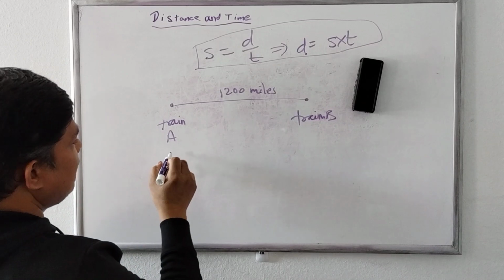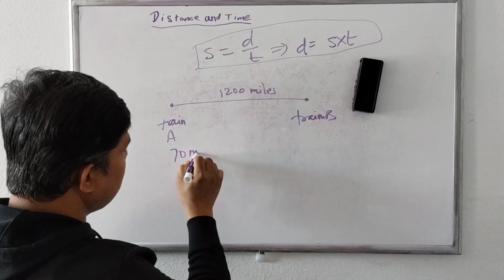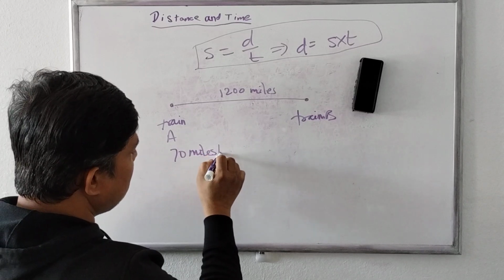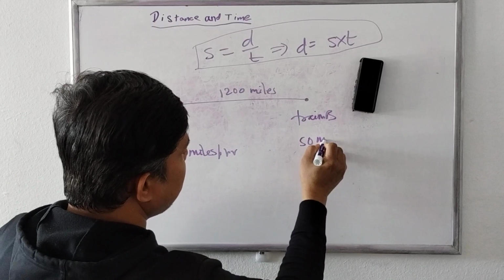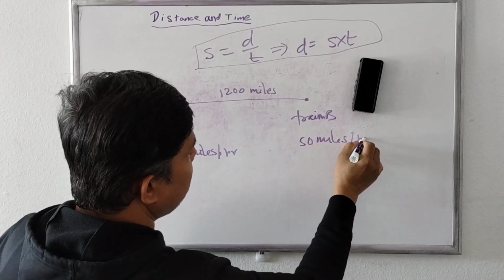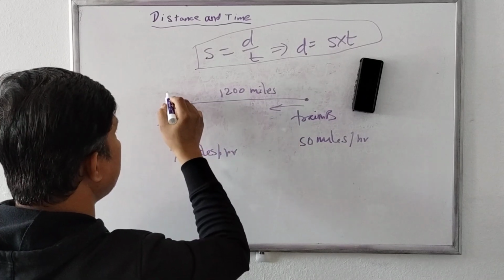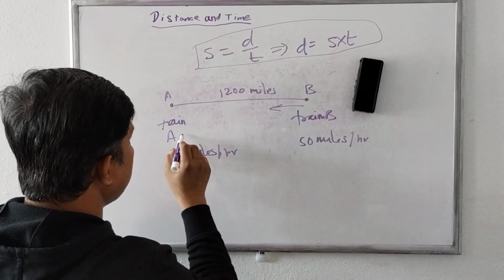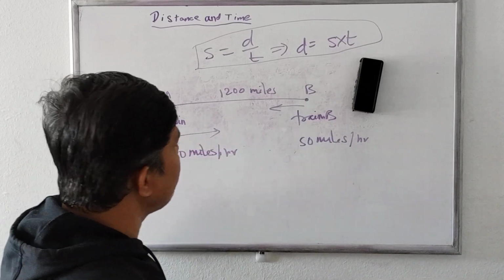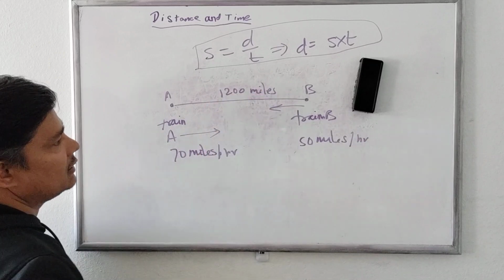Now this train is traveling at the speed of, let's say, 70 miles per hour, and this one is traveling at 50 miles per hour. Let's call this destination A, and this is B, and this train is going towards this one. The initial distance between these two is 1200 miles.